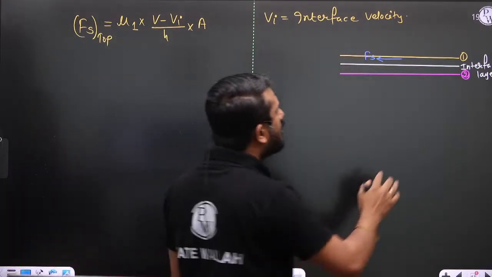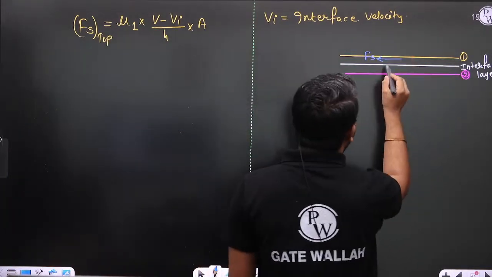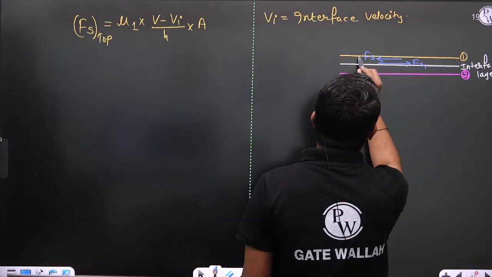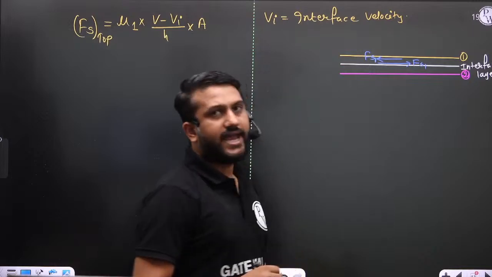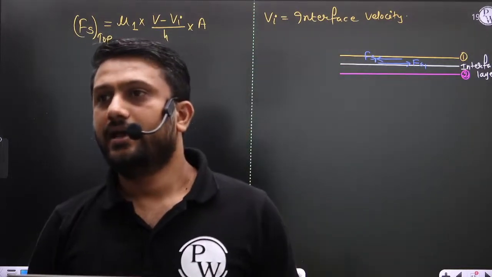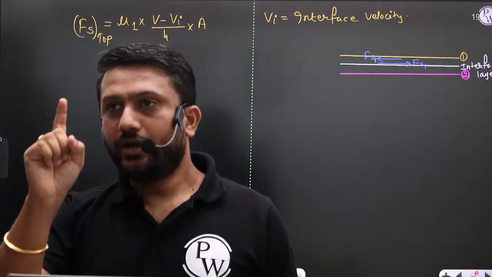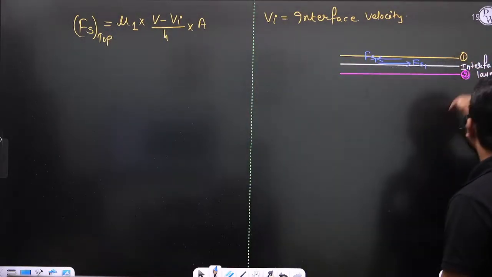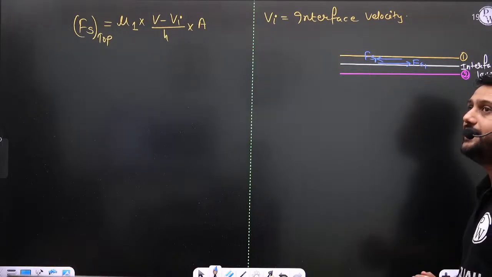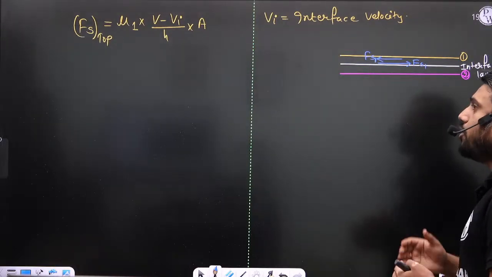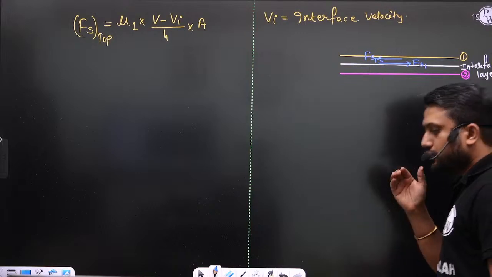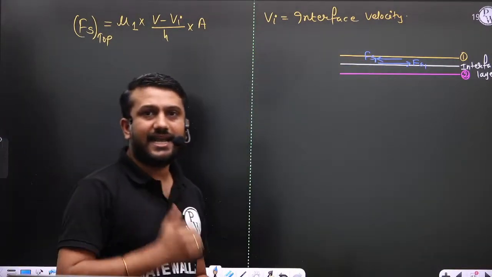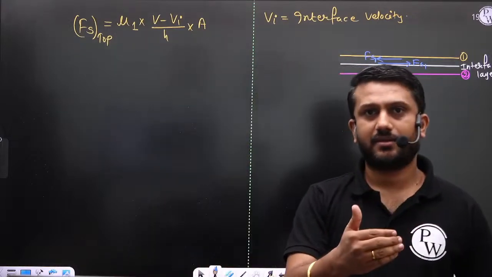And in the interface layer, it is in the positive x direction, right? Which layer has more velocity? Obviously layer number 1. So first think about the resistance force direction in the layer having more velocity.